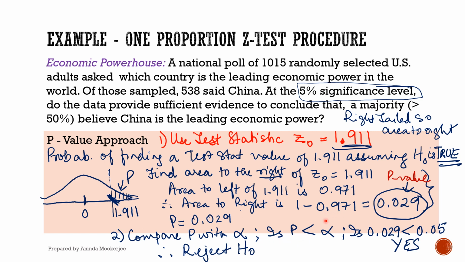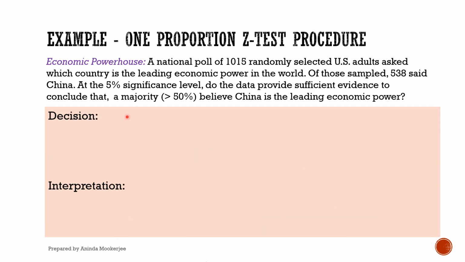Right, so now let's go to the next step where we just state our decision. The main bulk of the work is completed, but writing the decision correctly and interpreting it is also very important in completing the hypothesis test. So the decision we arrived at using both the critical value and the p-value approach was to reject the null hypothesis.